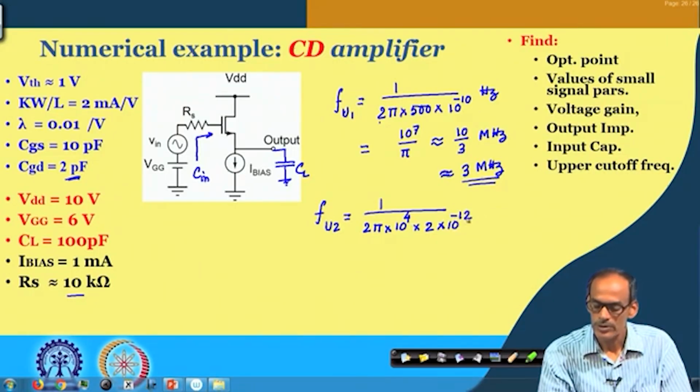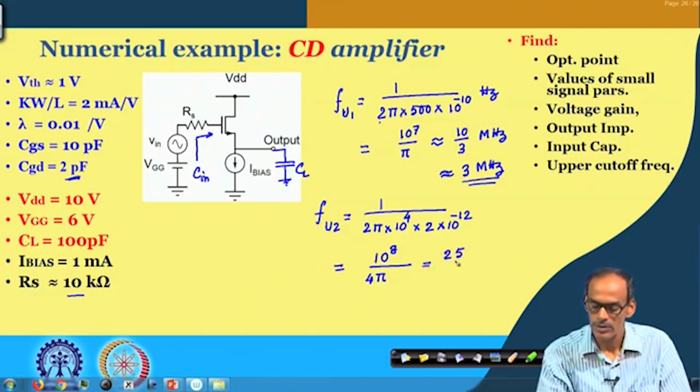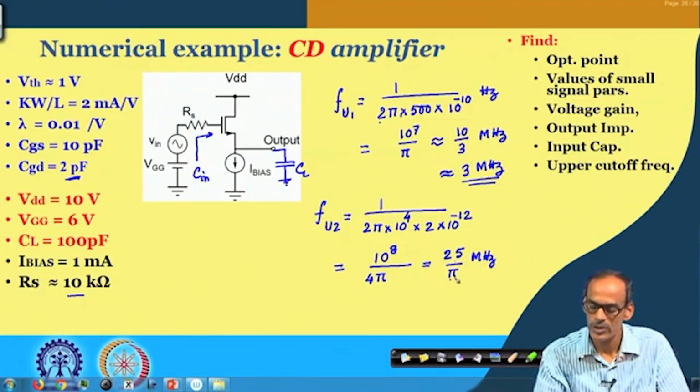So this 4 and this minus 12, we have minus 8 here. So you can see it is 10 to the power 8 divided by 4 pi, or we can say this is 25 by pi megahertz, or we can further simplify if I consider pi as 3. So roughly it is 8 megahertz.